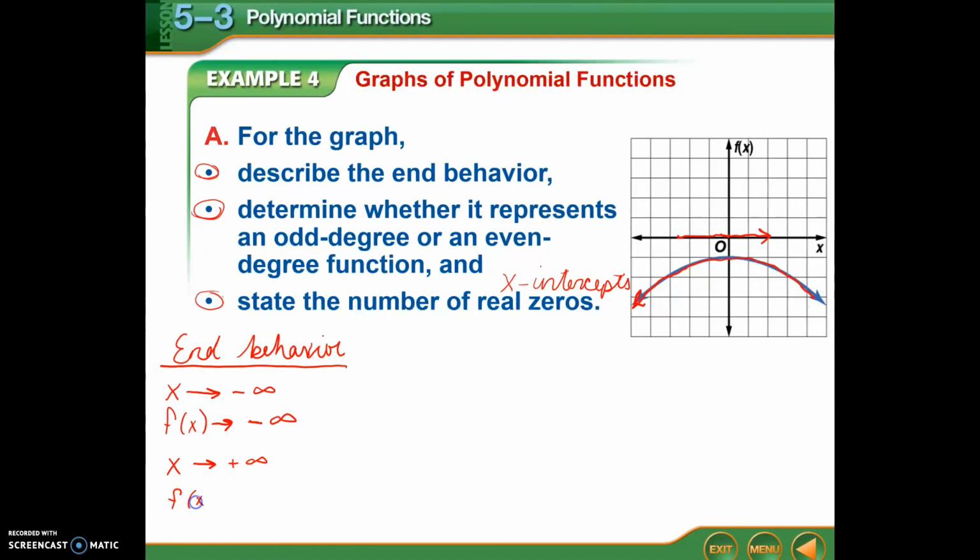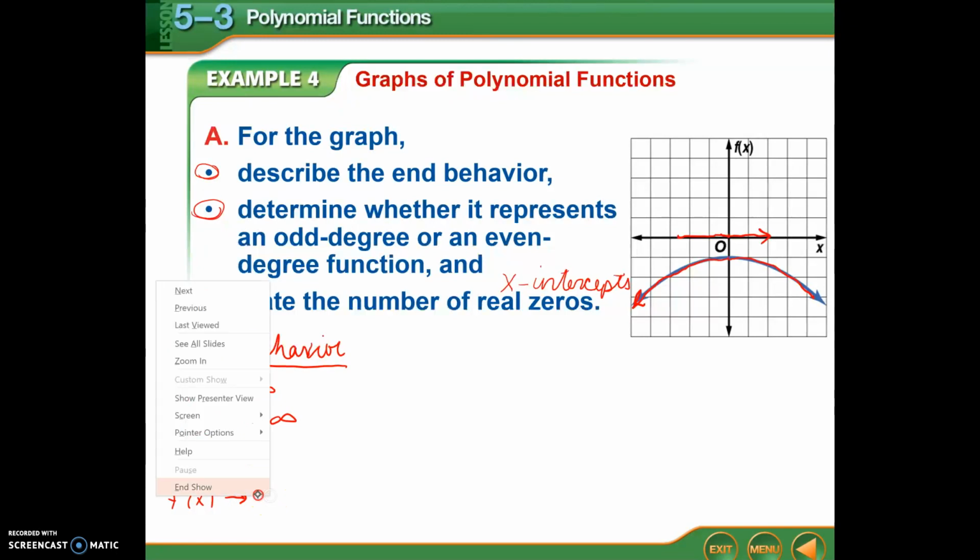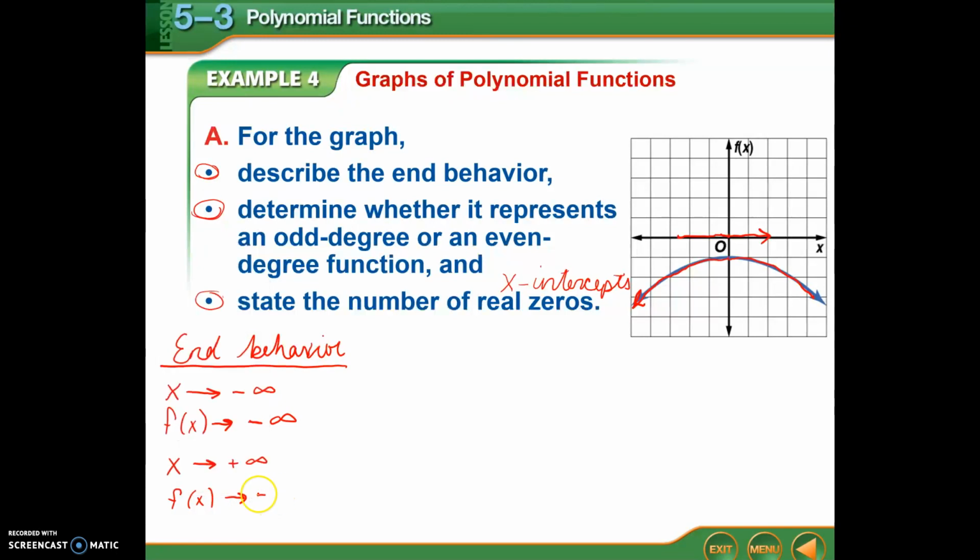So my function is going to negative infinity. These 2 statements you're going to have every time. The f of x is going to change based on the graph. Now our degree: this is an even degree function because it is both starting and ending facing down.